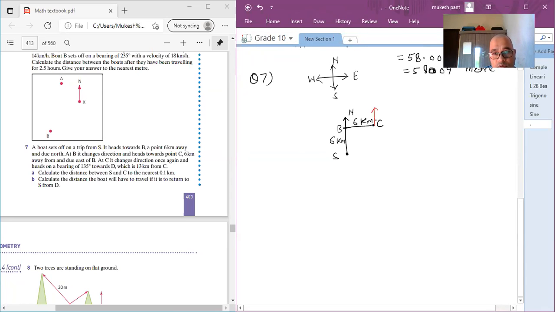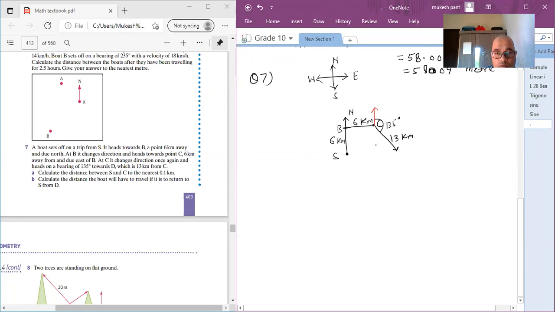This is 135 degrees, and this is 13 kilometers.